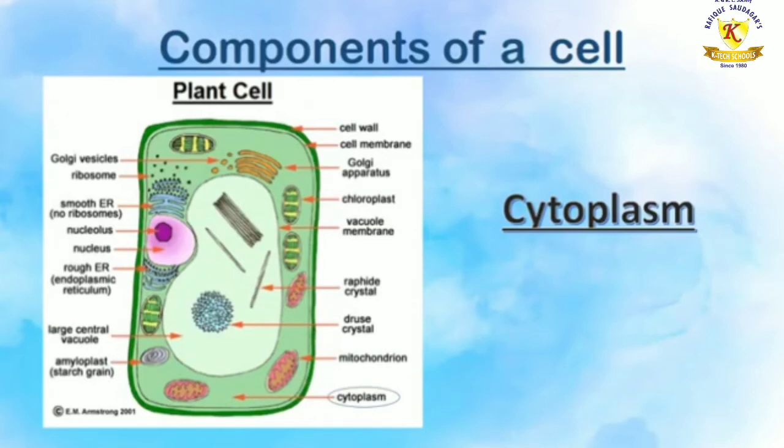It is the fluid between plasma membrane and nucleus. It is a moving, sticky substance. Many cell organelles are suspended in cytoplasm. Cytoplasm is the medium for cellular chemical reactions.